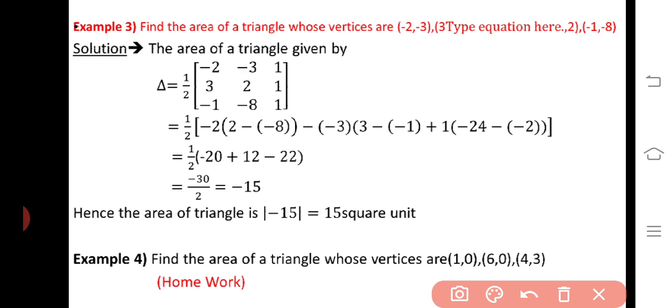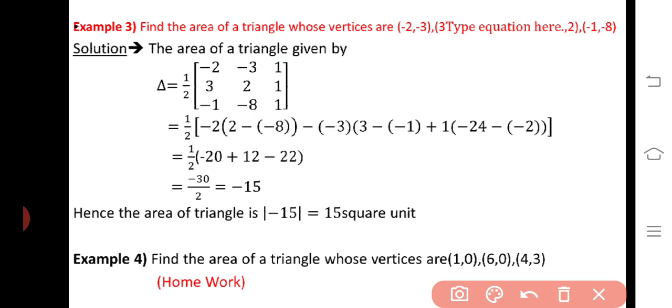To simplify this determinant, expand along the first row. We get 1 by 2 into minus 2 as it is, into delete first column, first row: 2 into 1 minus 2, 2 into 1 is 2, minus of minus 8 into 1 is minus 8.